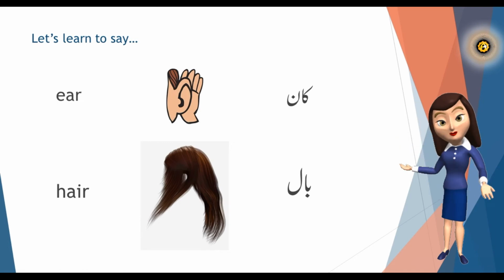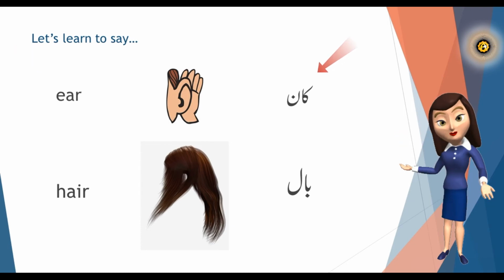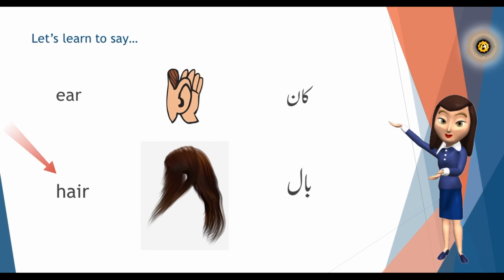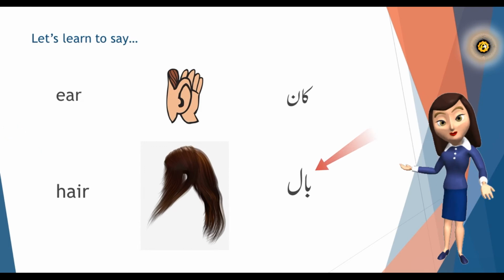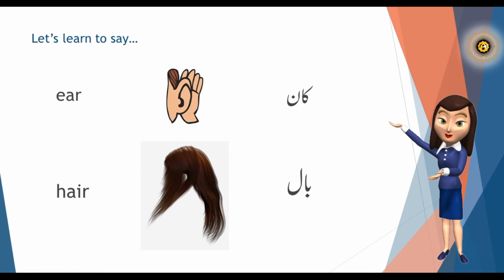Let's repeat one more time. In English we say ear and in Urdu it is kaan. Then in English we say hair and in Urdu it is baal. Repeat and practice well, okay?